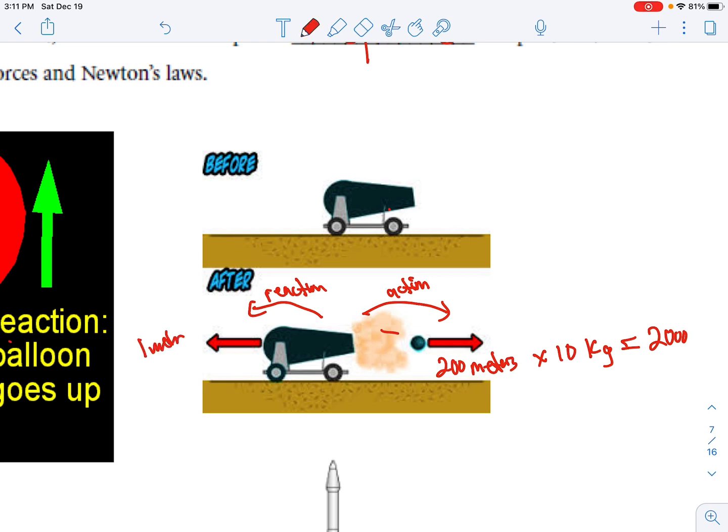So maybe the cannon then would weigh 2,000 kilograms. 2,000 times 1 would be 2,000. So they both equal 2,000. It's just divided a little differently between their mass and their distance. So basically, the bigger you are, the less you're going to move because of your high mass.